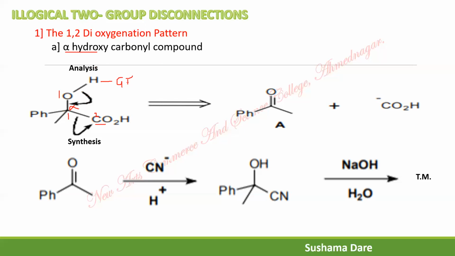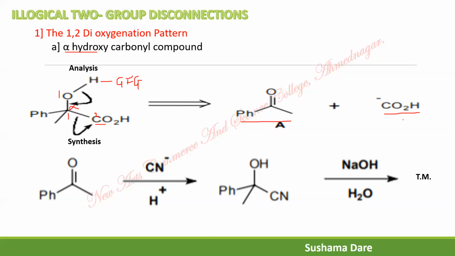It means that group tells you to start the disconnection from it. So the oxygen-hydrogen bond is going to disconnect, and next to that, this bond is going to disconnect in the direction of COH. The synthons generated are acetophenone plus COH minus.